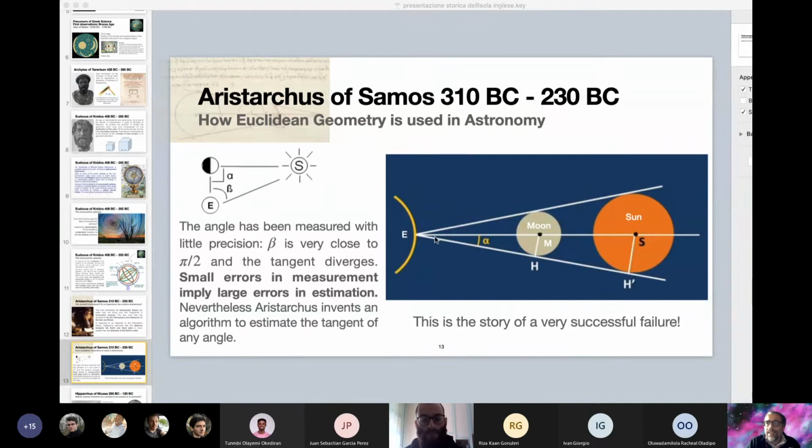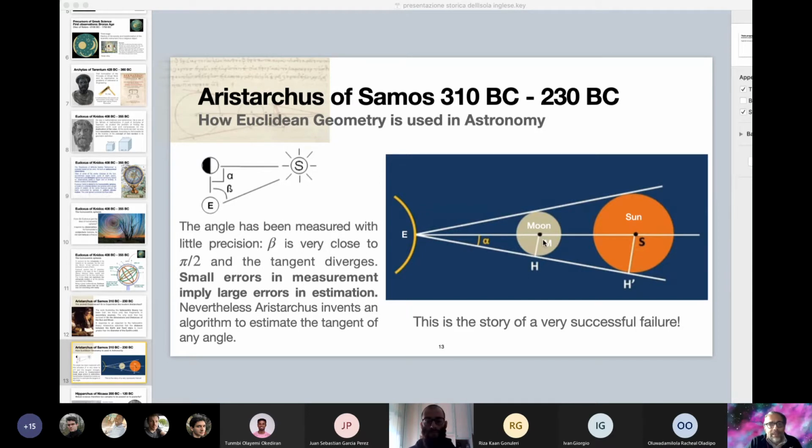But look here. When you see the moon passing before the sun, so you have a solar eclipse, you can estimate the ratios of the segment MH over HE and the segment SH' over H'E, simply by measuring this angle.